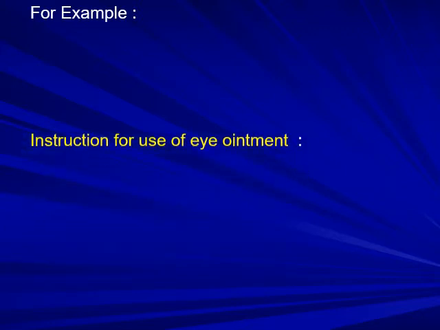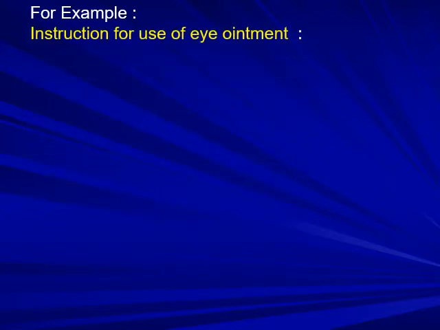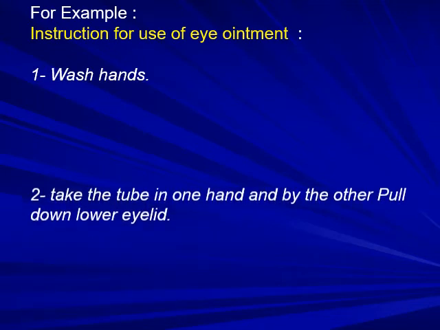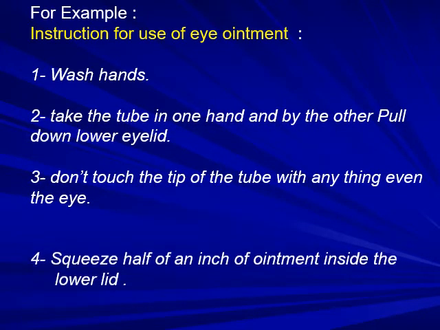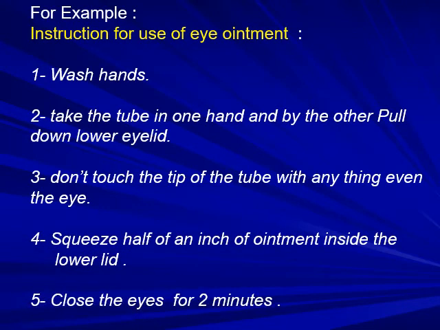For example, instruction for use of eye ointment عندها خطوات محددة. First of all, wash hands. Take the tube in one hand and by the other hand pull down lower eyelid.